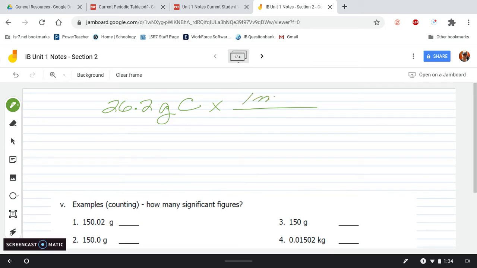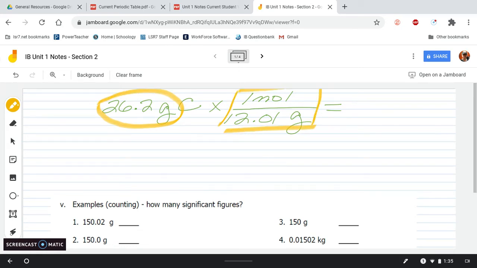So you put moles on top and your grams on the bottom, and you'd look up on your handy periodic table and find out that there are 12.01 grams in a mole. So you would have a problem set up, but we would use this information to find sig figs. We would not use any of this information.